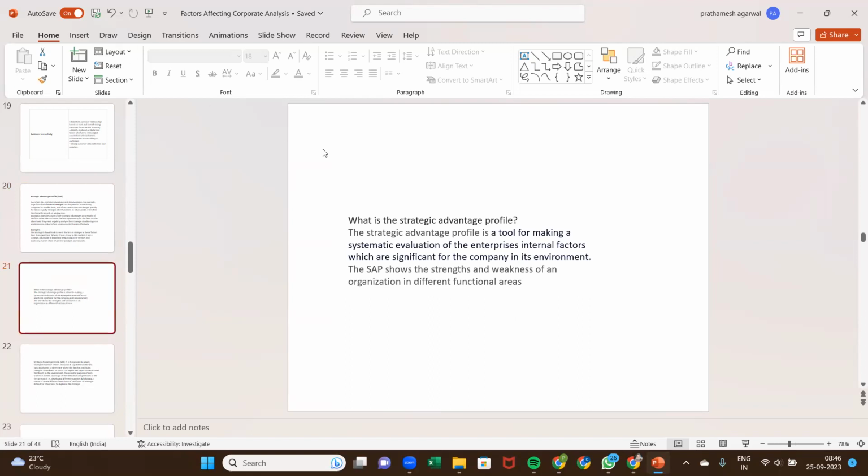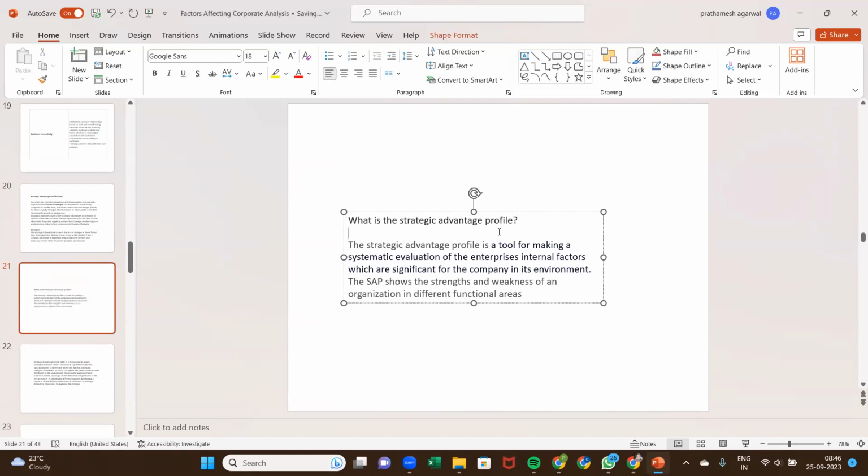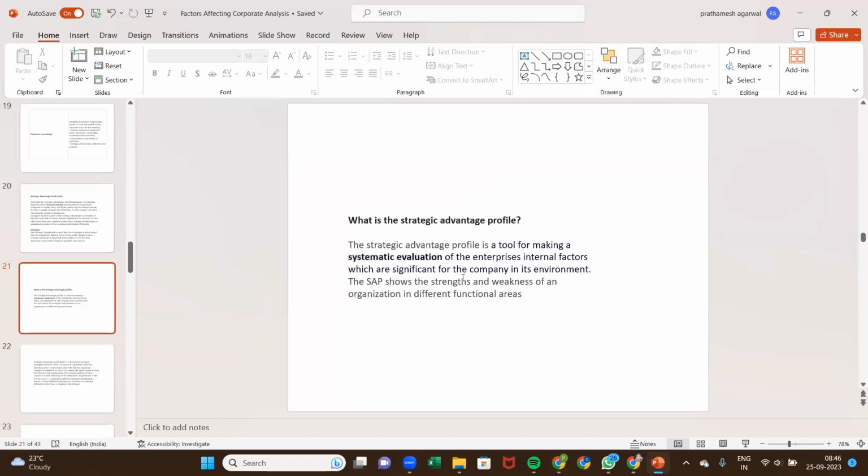Okay. Now, what is the strategic advantage profile? The strategic advantage profile is a tool for making a systematic evaluation of the enterprise's internal factors.